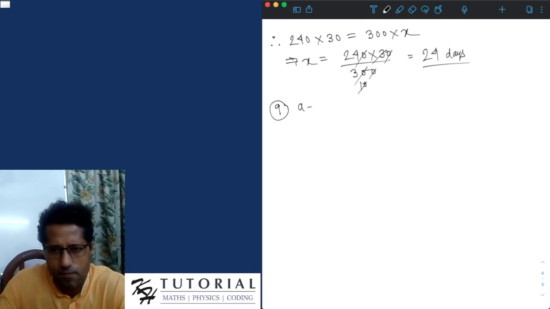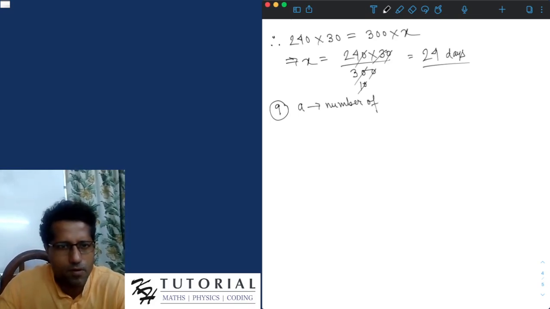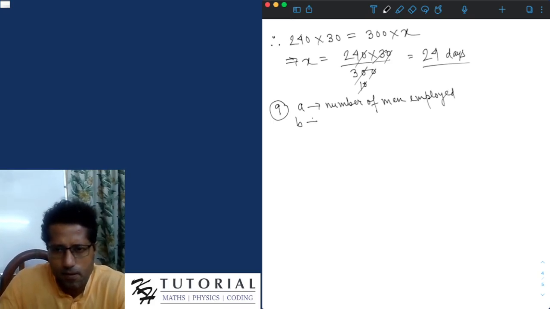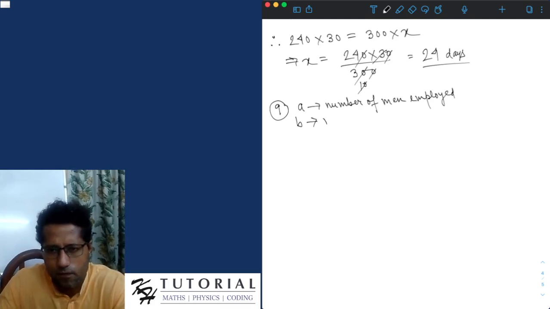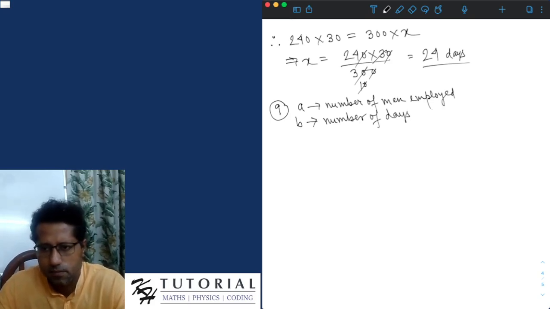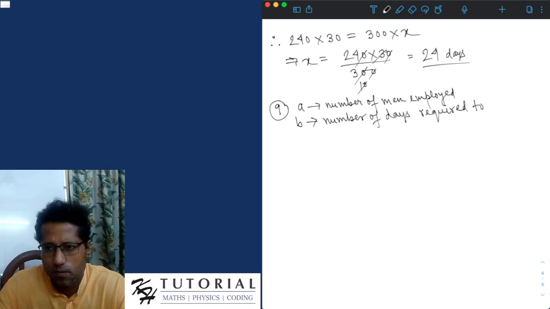Let's say A, the number of men employed to build a house, and B, let's say, the number of days required to build the house.